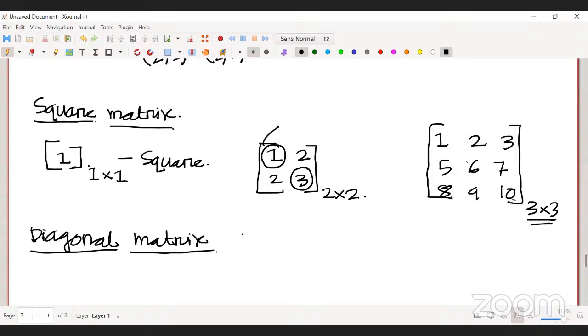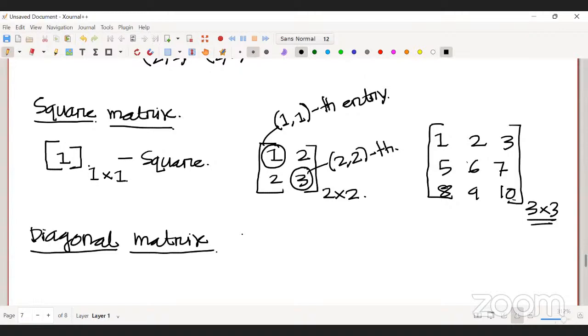Diagonal means the ith, ith entry. Here 1 is basically the 1,1 entry. This is a diagonal entry. Similarly, 3 is also a diagonal entry. This is the 2,2 entry.